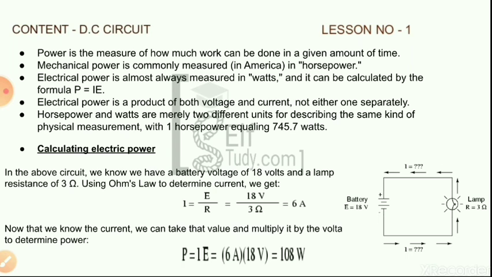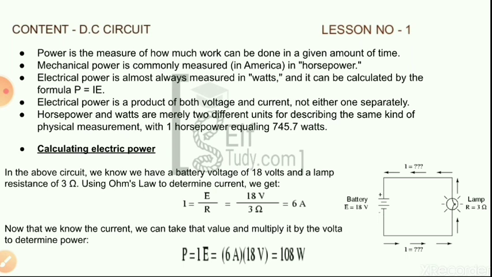Electrical power is almost always measured in watts, and it can be calculated by the formula P equal to I times E. Here P is the electrical power, I is the current, and E is the voltage. Electrical power is a product of both voltage and current, and not either one separately. Horsepower and watts are merely two different units for describing the same kind of physical measurement.